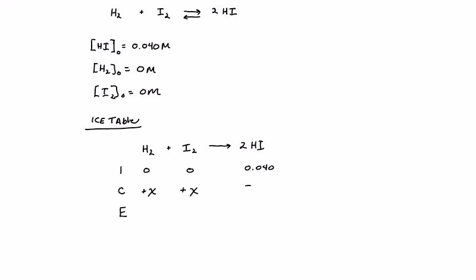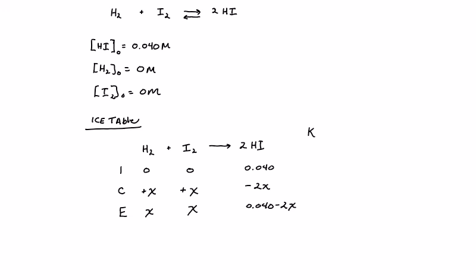So we're going to lose 2 times X, because we're going to lose 2 HIs for every H2 and I2 that is produced. So that at equilibrium, we should have X molar H2, X molar I2, and 0.040 minus 2X of the HI.